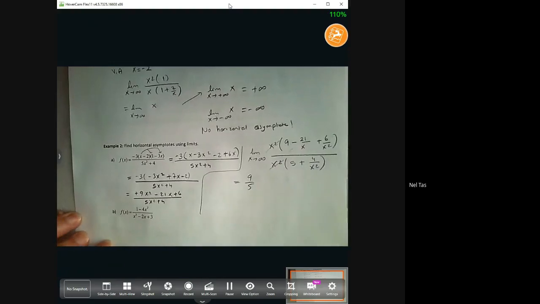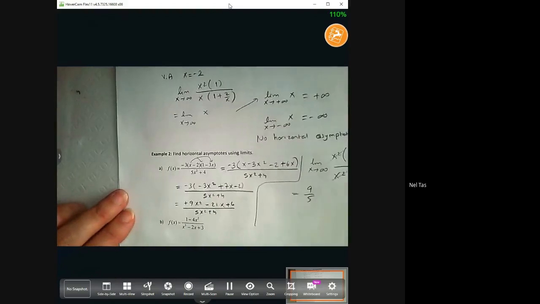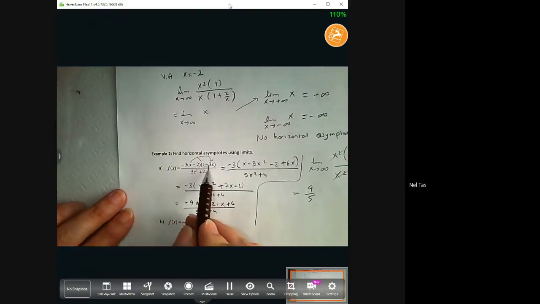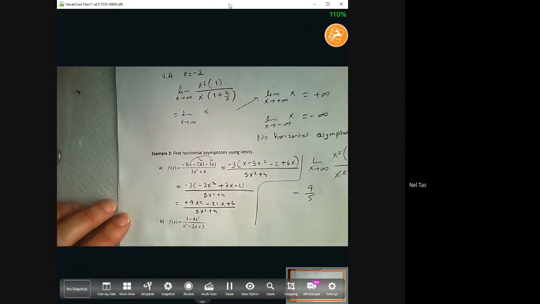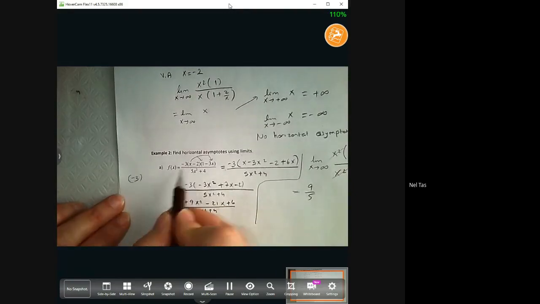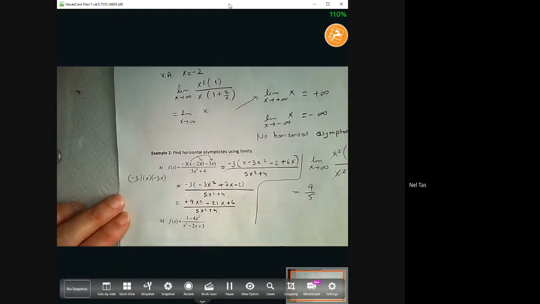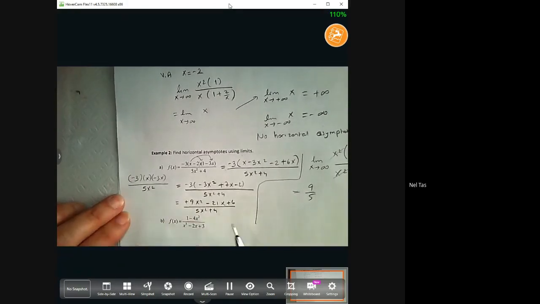Okay. So the shortcut would be this. You look at each factor in the numerator, and then you take the highest term from each factor. So we have -3, we have x, we have -3x, and in the denominator, the highest term is 5x squared. So basically you have 9x squared over 5x squared.